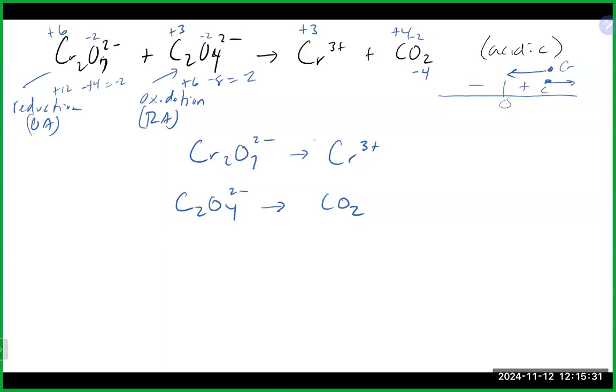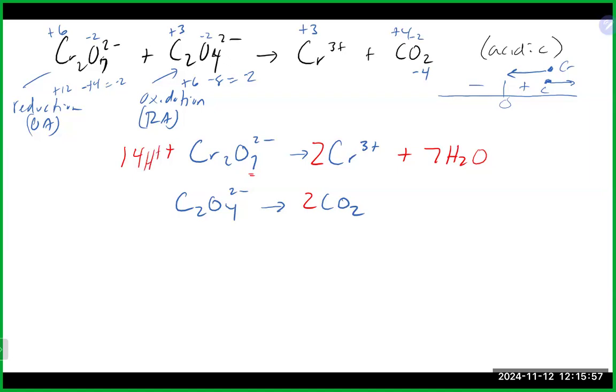We will need a 2 here for the chromium, and we will also, for the bottom one, need a 2 for the carbon in this case. We're then ready to add our oxygen, so 7 oxygens there means right-hand side will need 7 waters. Left-hand side will need 14 H pluses.